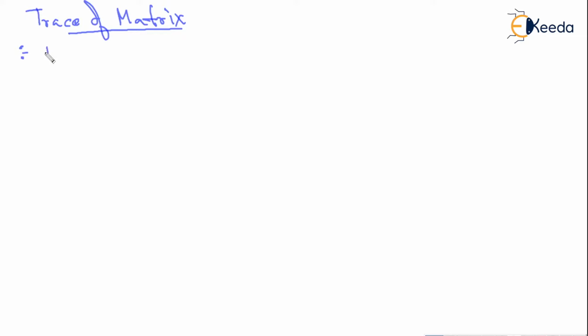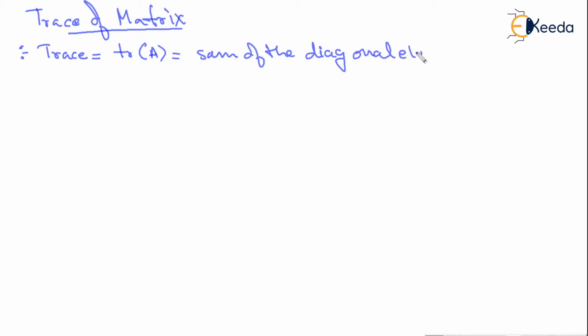And this trace, which is also given as TR of A if A is the matrix, is nothing but the sum of the diagonal elements for any square matrix, right?